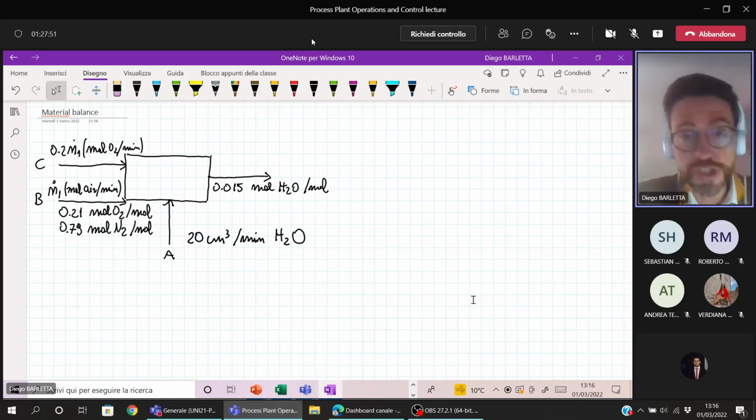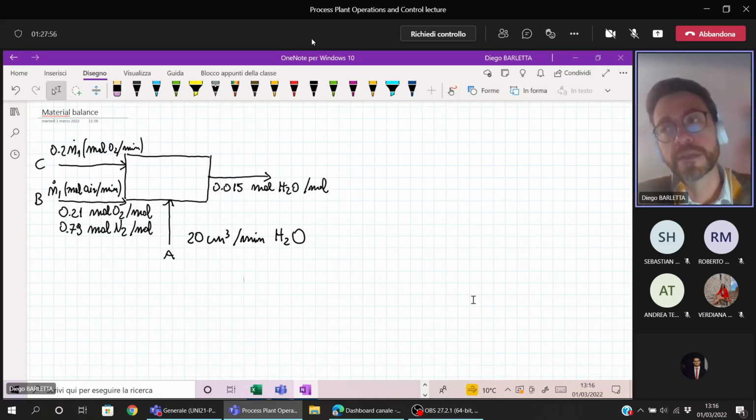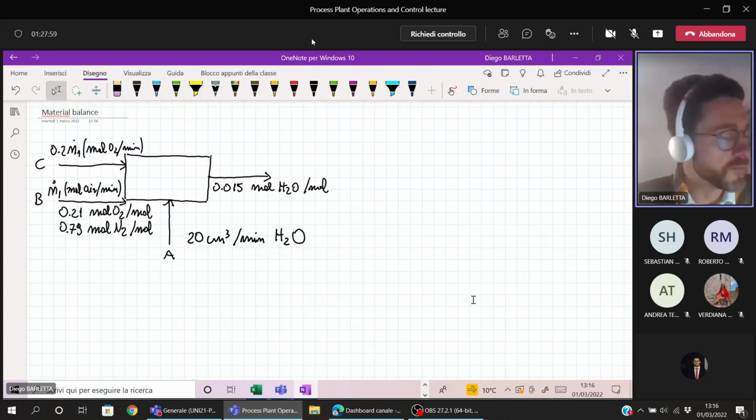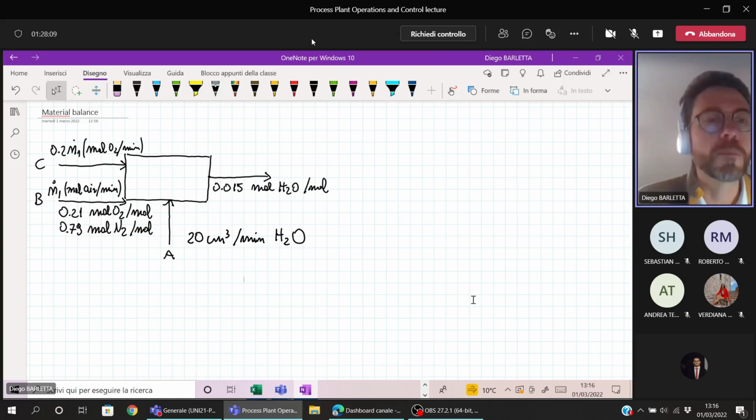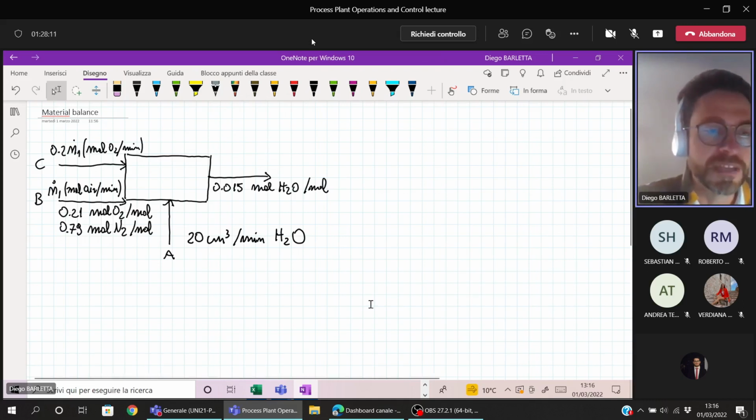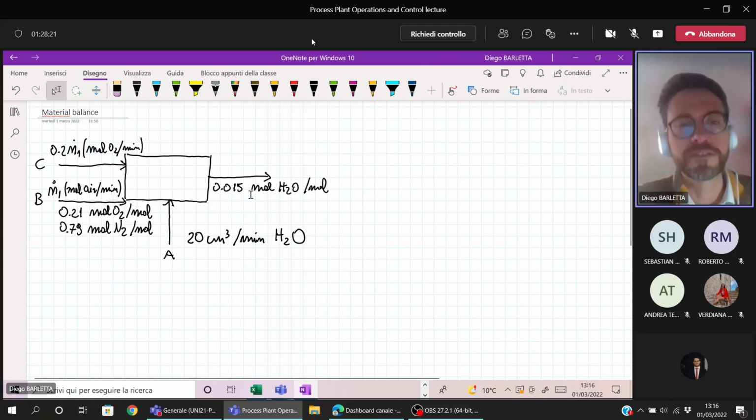We say that for each stream we need C plus 2 pieces of information, considering that here we have a different number of components. We are mixing water with oxygen and nitrogen, so we need to find these three components in the output stream leaving the unit.